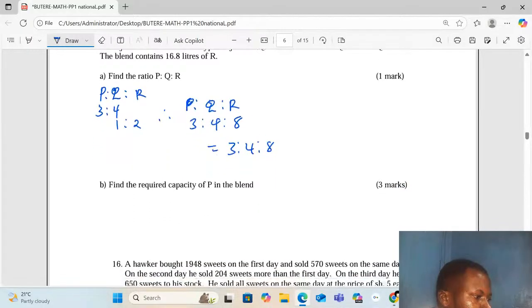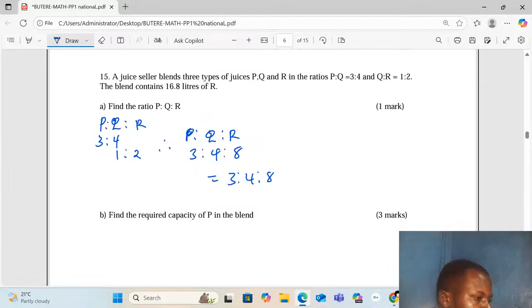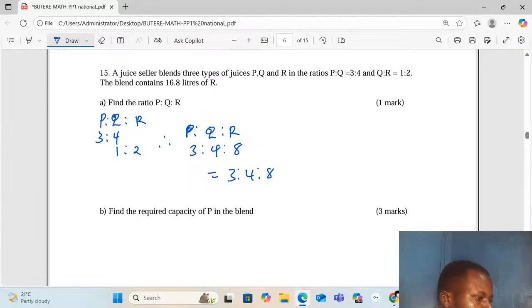Now find the required capacity of P in the blend. Remember, we are given the blend contains 16.8 liters of R, which is in the ratio of 8.